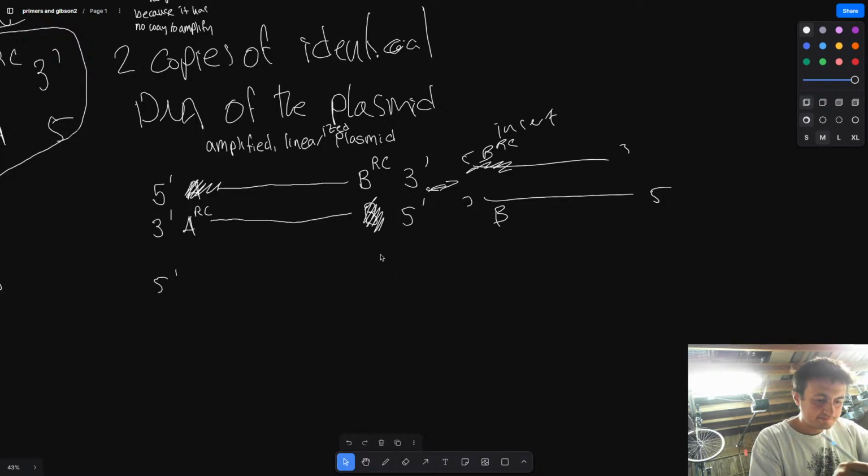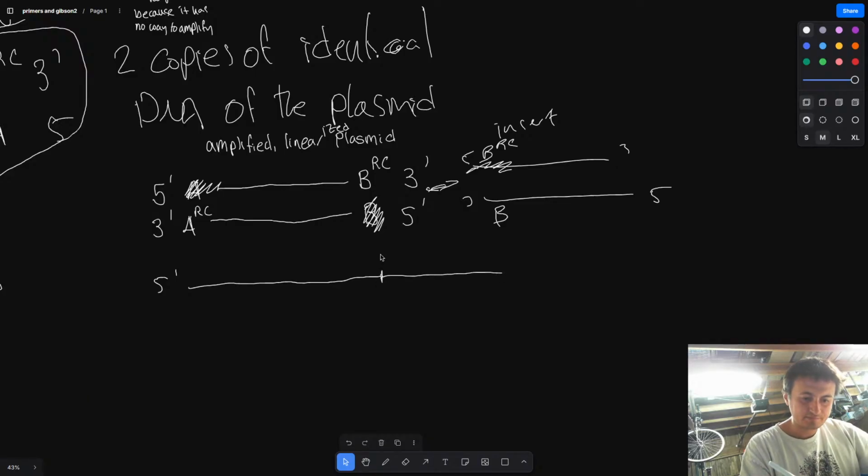And then B and BRC will attach together, and we'll get 5 prime, big line, BRC. Actually, do I want to draw it like that? I don't want to draw it like that. I want to just draw it as a line. We'll draw it like this. And 3 prime. And then 5 prime. Basically, this section is BRC. Actually, how do I want to draw this? I want to draw this where, and this is B. So this was like that.